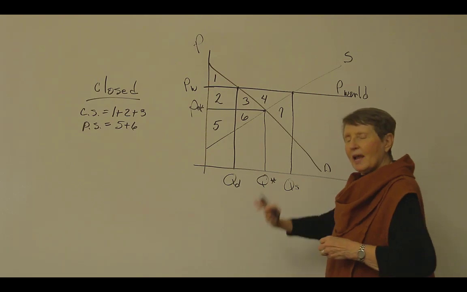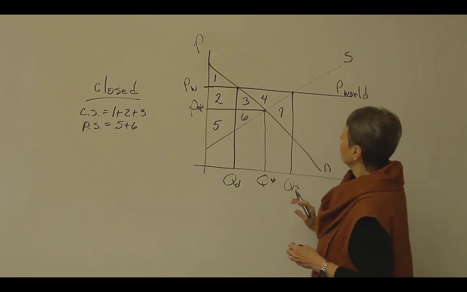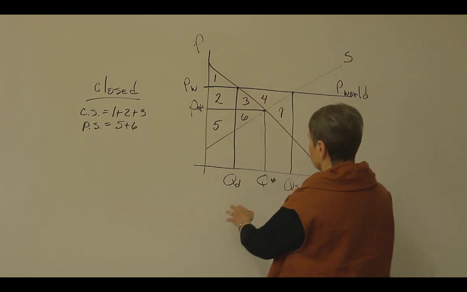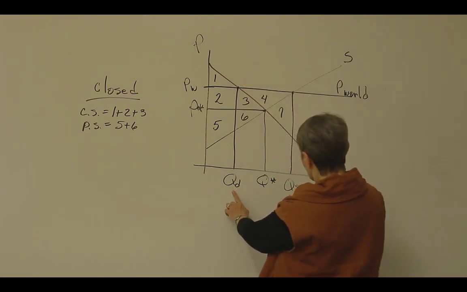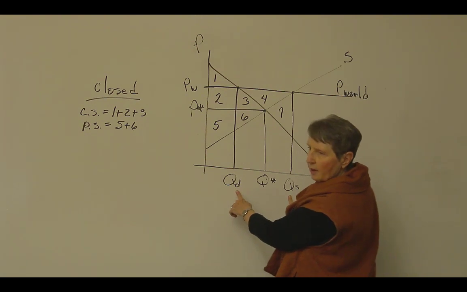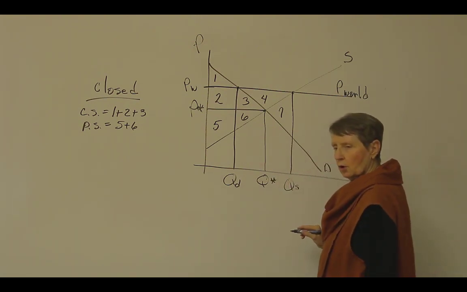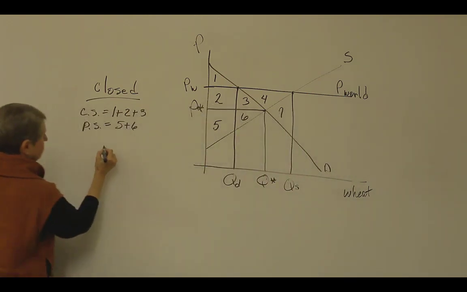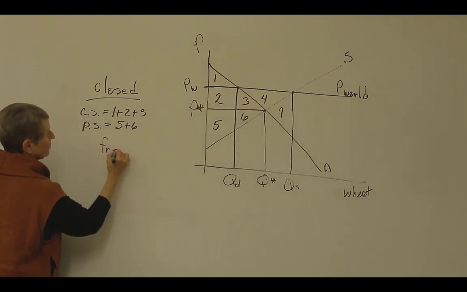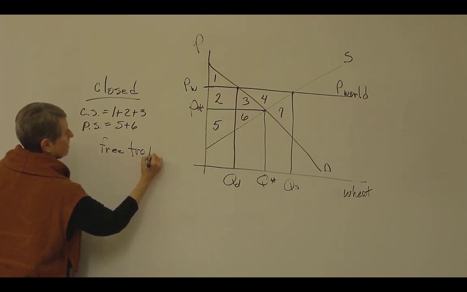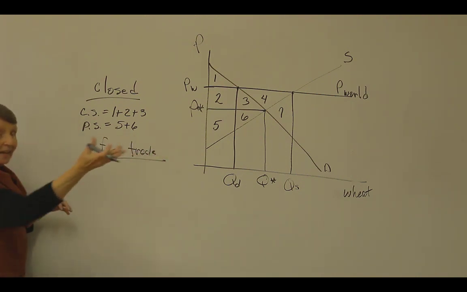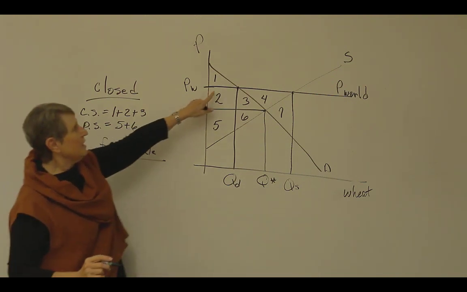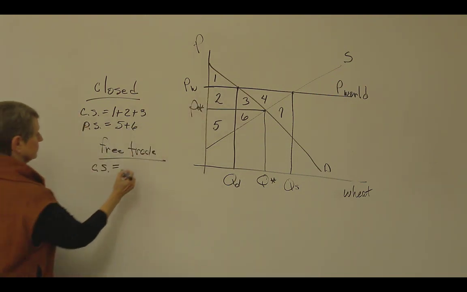If we allow exports, what's going to happen is the U.S., this domestic economy, is going to export Q S minus Q D. This is going to the rest of the world. And so with free trade and exports, consumer surplus is going to equal area 1.